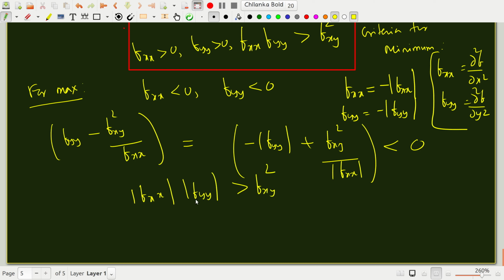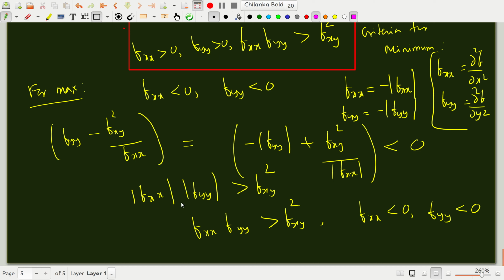Because both fxx and fyy are negative, I can remove the mod. So fxx fyy is greater than fxy squared, and in addition you also have fxx less than 0 and fyy less than 0. This is the condition for a maximum.